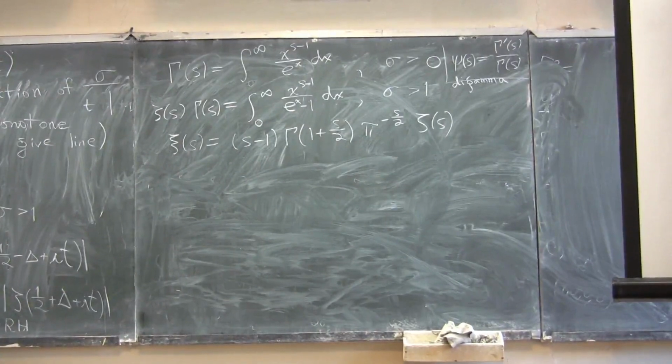So that is the definition of the Riemann psi function. And one of its nice properties, we said that the zeta has a functional equation. Riemann realized that by modifying the zeta slightly in this way, you get a function with even nicer properties.